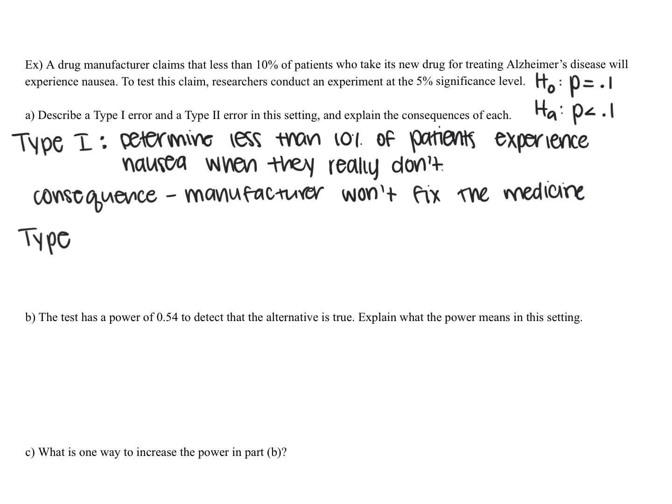And then for a type 2 error, that's when you fail to reject and you shouldn't have.